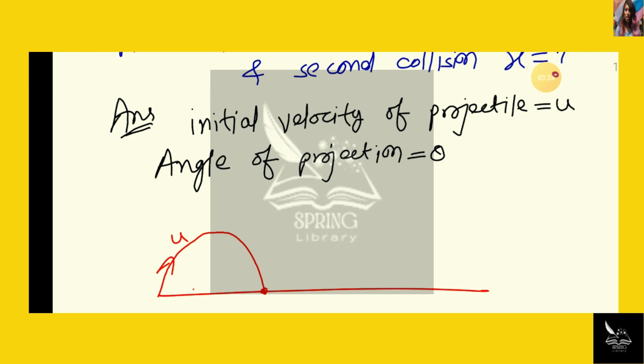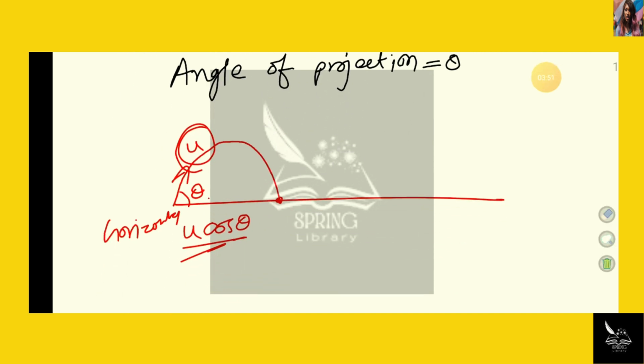You can see that the horizontal component in projectile motion remains the same. That means the horizontal component of the initial velocity is u cos theta, and it will remain the same, but the vertical component is changing.